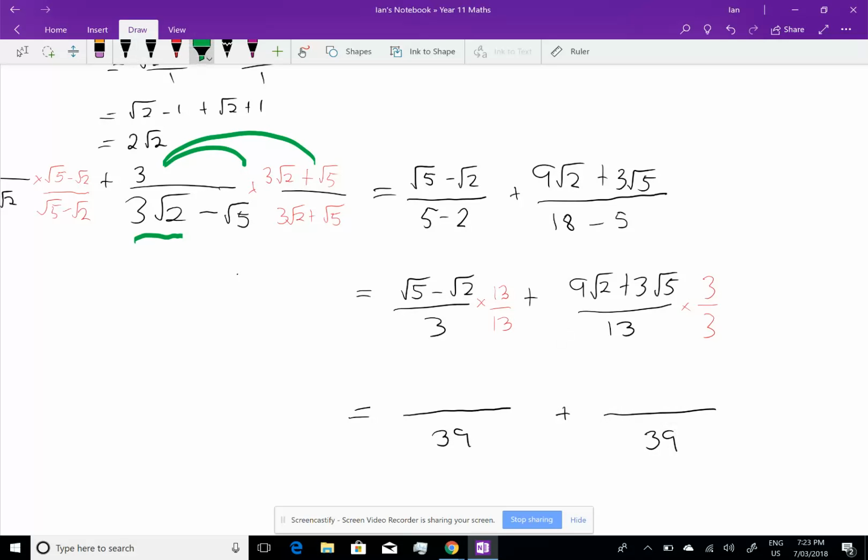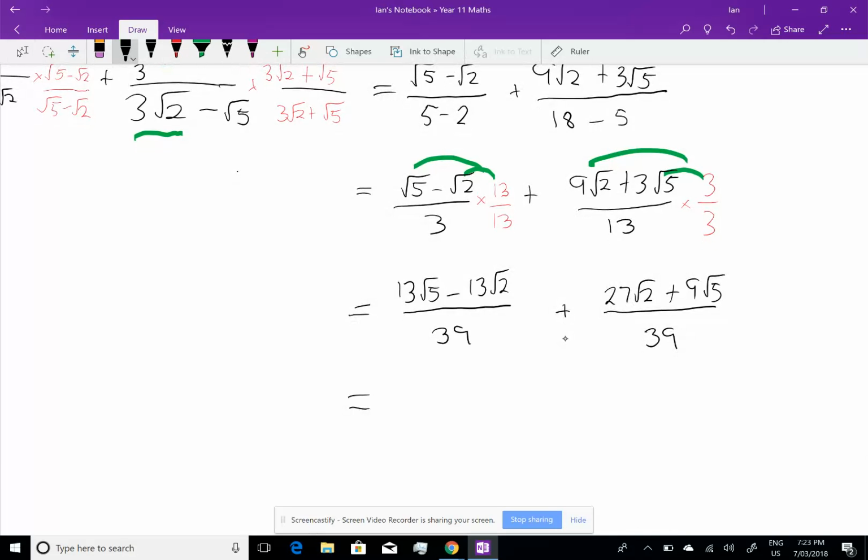And now I'll just do this here. 13 of those and 13 of those. So I get 13 root 5 minus 13 root 2. Here I get 3 of those and 3 of those. 3 9s are 27 root 2s. And 3 3s are 9 root 5s.